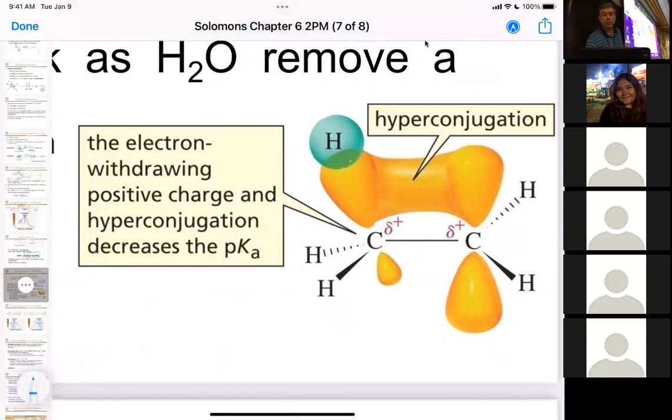So there was this overlap already in here, which makes this hydrogen easier to remove. When your base removes the hydrogen, these electrons stay here and form our new pi bond. So that hydrogen becomes more acidic once we make that carbocation.